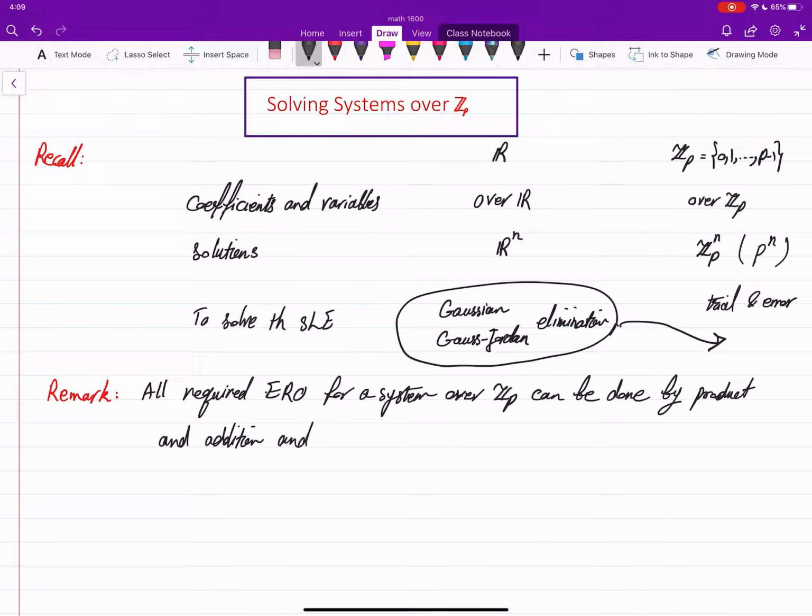And we don't use subtraction nor division, well, in some ways we do, but not in the regular way.